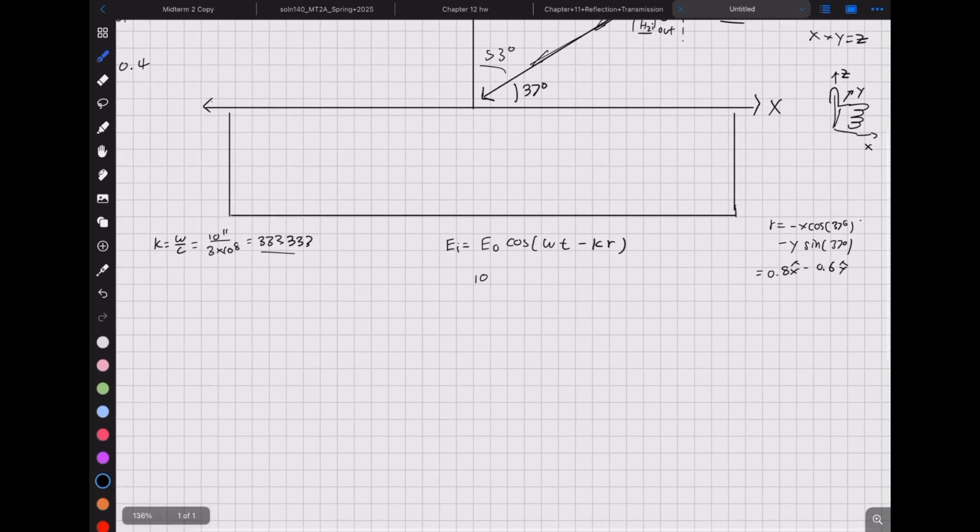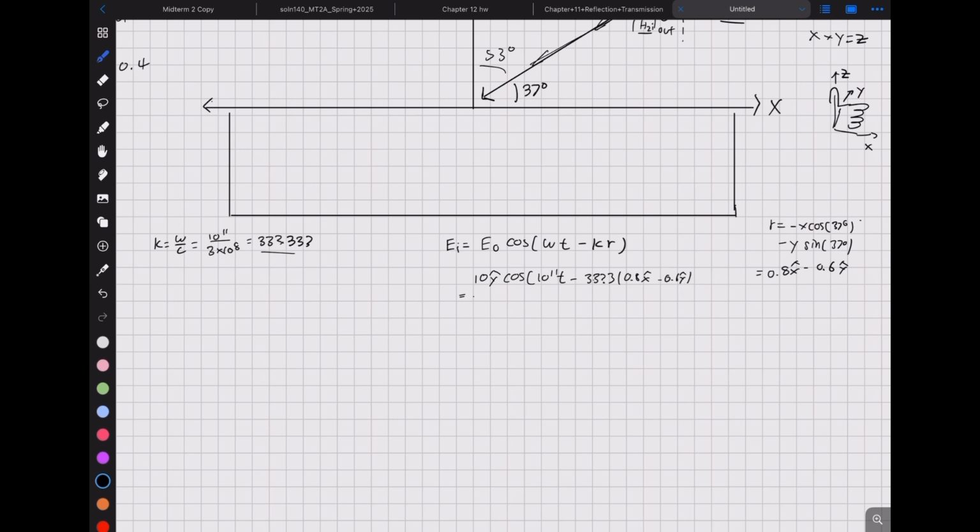So we have 10 y hat cosine of 10 to the 11 t minus 3.3 multiplied by 0.8 x hat minus 0.6 y hat.